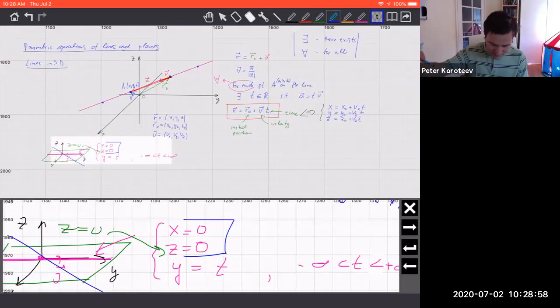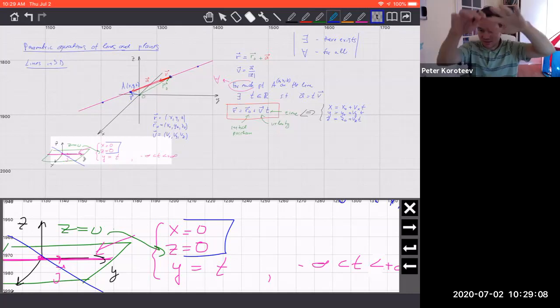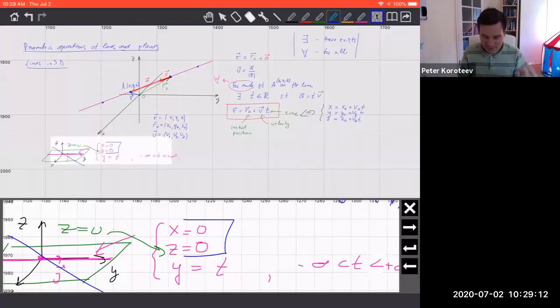Another way to count these equations is this. A plane is two-dimensional, and it lives in three-dimensional space. So the number of dimensions in space minus the number of dimensions of the object itself is 1.